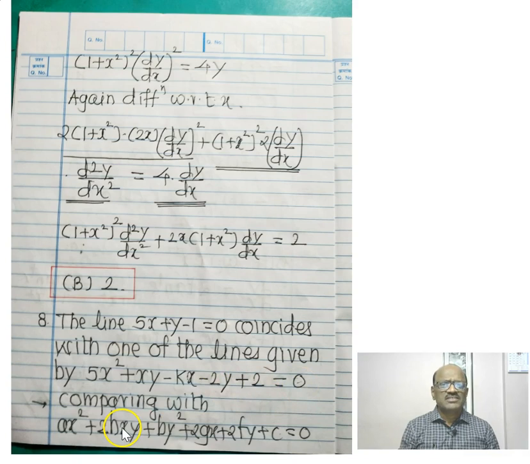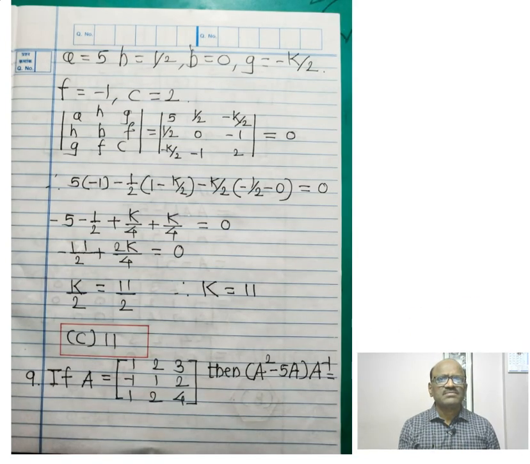Now compare this equation with the general equation of a pair of straight lines not passing through the origin, ax squared plus 2hxy plus by squared plus 2gx plus 2fy plus c equals 0. Now compare the terms: a equals 5, h equals 1/2, b is 0, g equals minus k/2, f equals minus 1, and c equals 2.